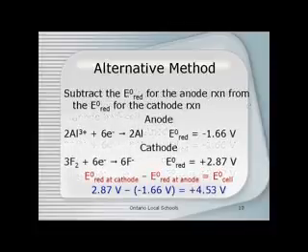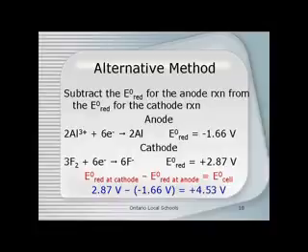Continuing on with the alternative method, what we're going to do now is subtract the standard reduction potential for the anode reaction from the standard reduction potential for the cathode reaction. So our standard reduction potential at the cathode is 2.87 volts. We're going to subtract the standard reduction potential for the species at the anode, which is negative 1.66 volts.